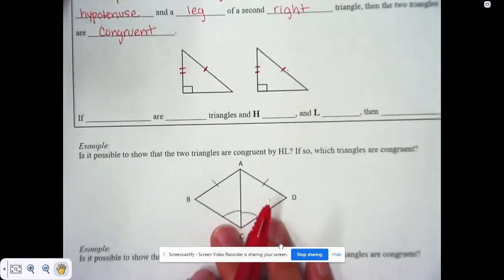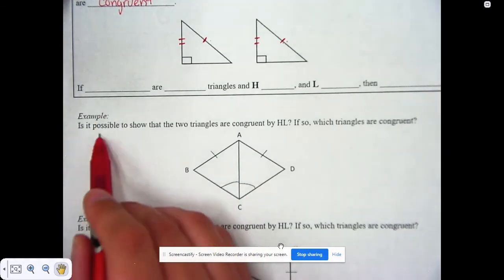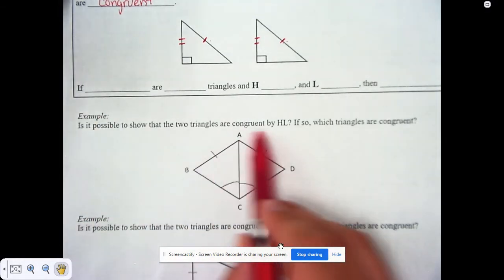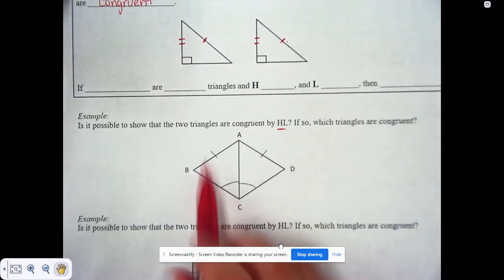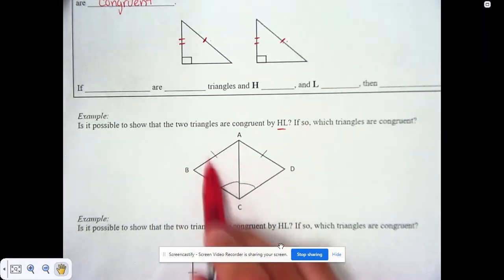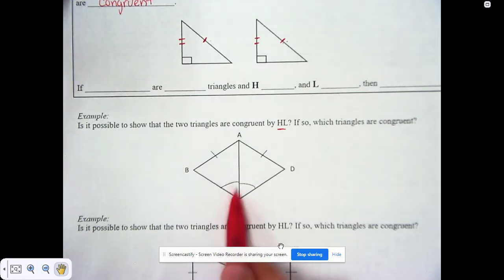So let's do an example. This one says, is it possible to show that the two triangles are congruent by hypotenuse leg? If so, which two triangles are congruent? We have ABC right here. We have that this side is congruent to this side, and down here we have that this angle is congruent to this angle.